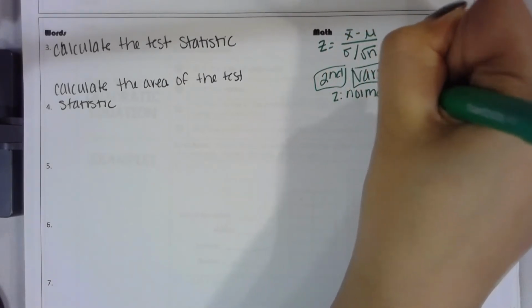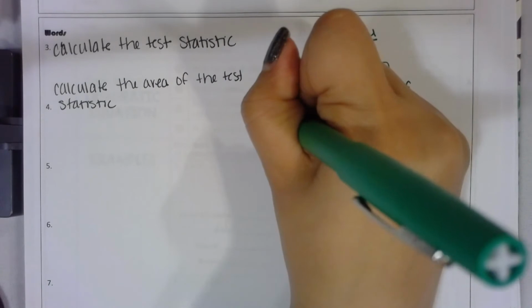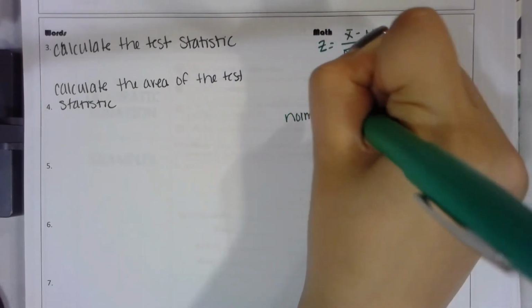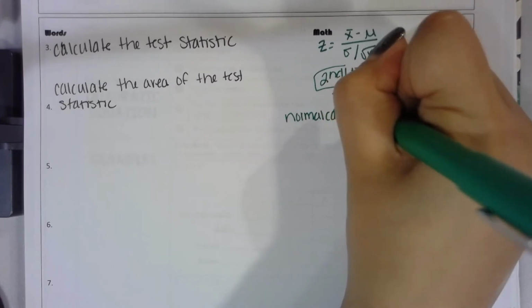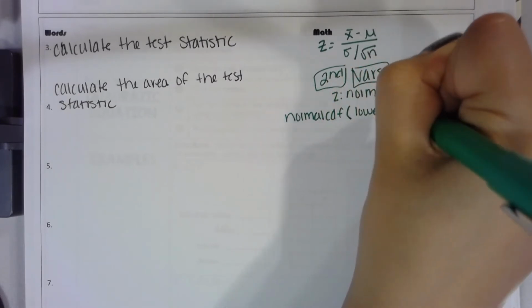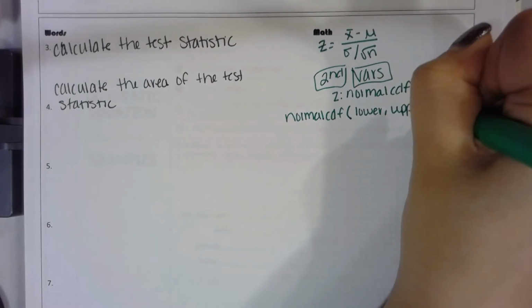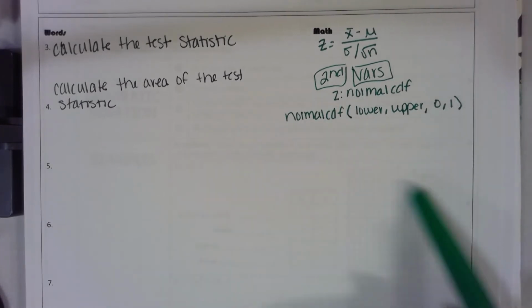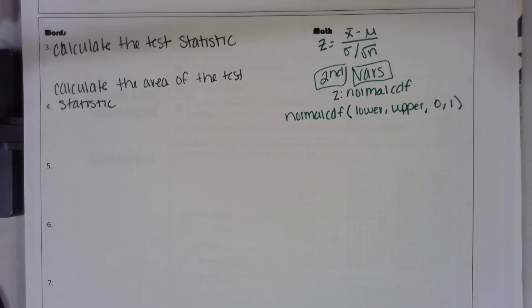Then your p-value is equal to the area to the left. Left-tailed p-value is equal to the area to the left, to the left of your test statistic.